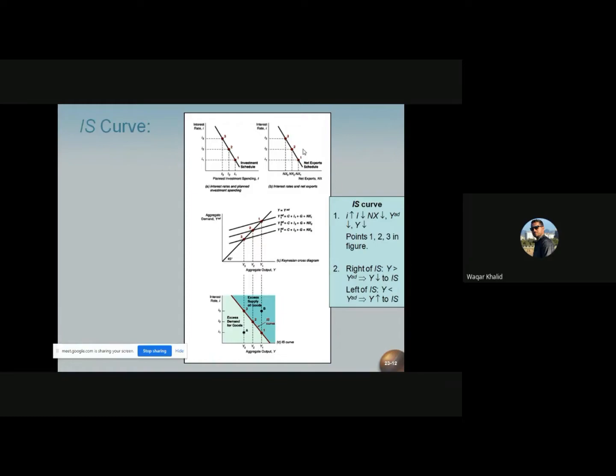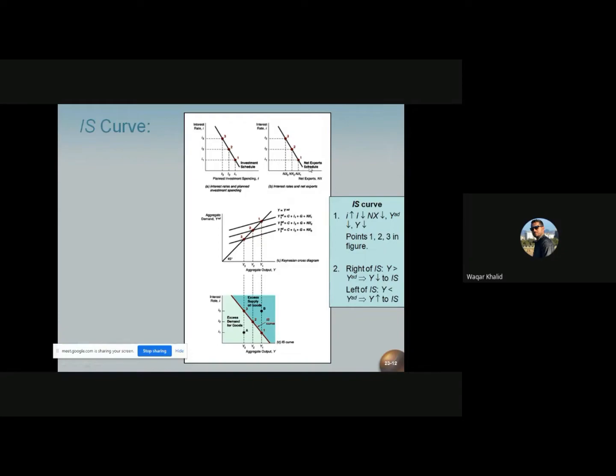The domestic goods produced in the United States will become more expensive as compared to the foreign goods, thereby causing a fall in net exports. So the resulting negative relationship between interest rates and net exports can be denoted by the net export schedule.